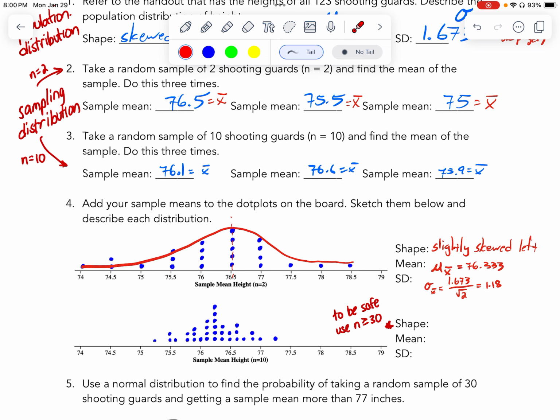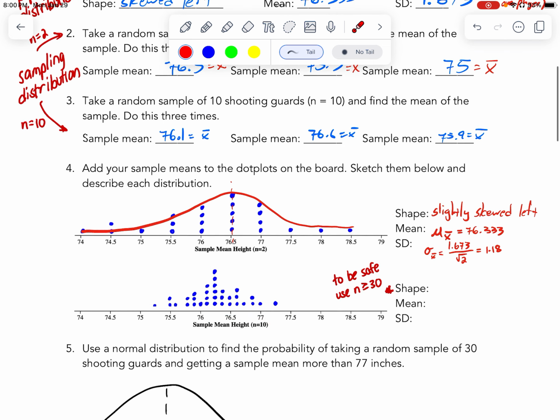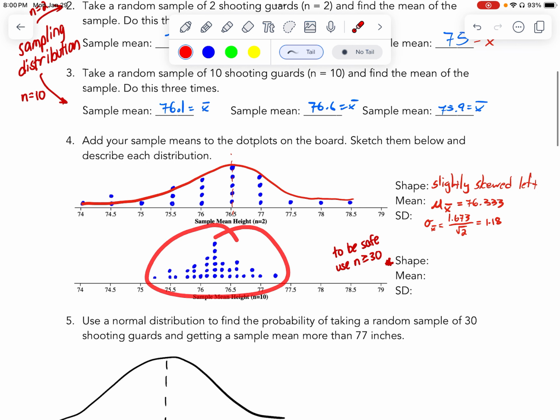All right, and then here's an example of what a class's would look like. We're probably going to have way more dots than this, because if I got like 25 kids per class and every kid does 3 samples, this sampling distribution should have 25 times 3 dots. Because remember, every dot is the result of one sample, so to speak.